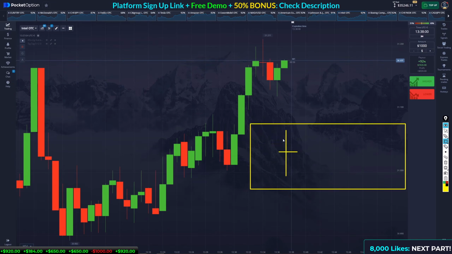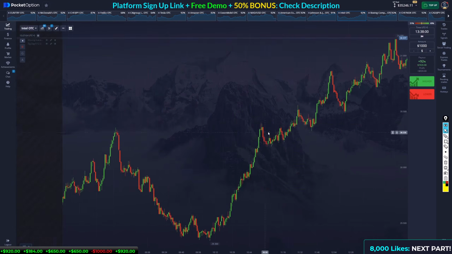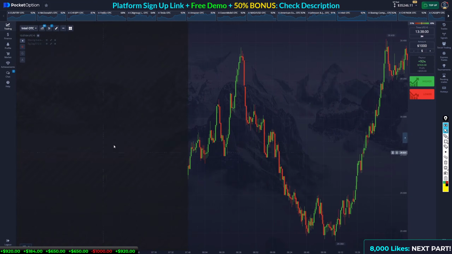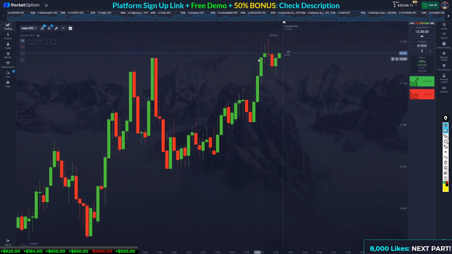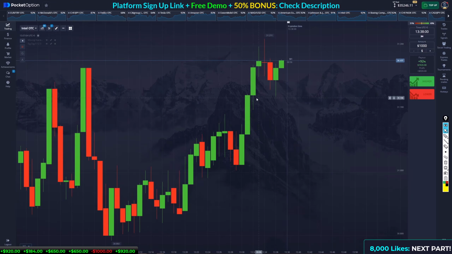When you have a range and then a doji happens inside of it, it would be best. But if you look, we have an absolute uptrend, major and minor uptrend, and this doji break is with the trend, with the major and minor uptrend.